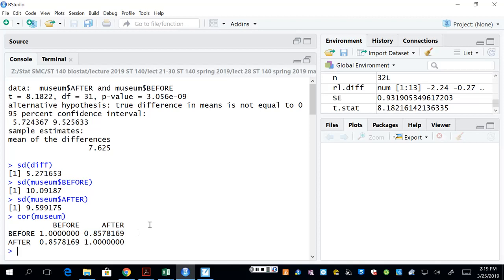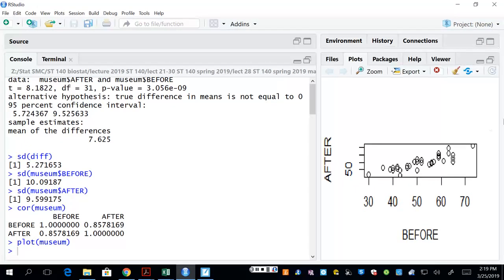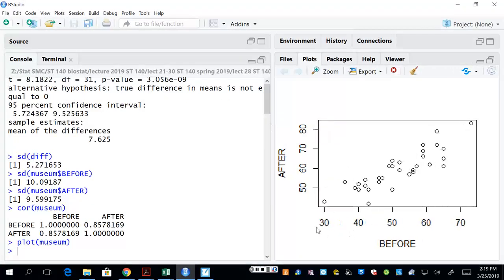If you plotted the museum data, before versus after, generally that's a pretty strong positive association. These are measures of health before and after. So even though there's big variability in before and big variability in after, the differences are kind of differences away from an equal line. They're pretty small. The variability within this point cloud is much smaller than the others. So you get this reduction.